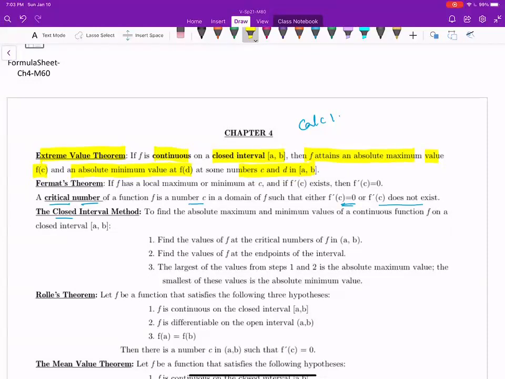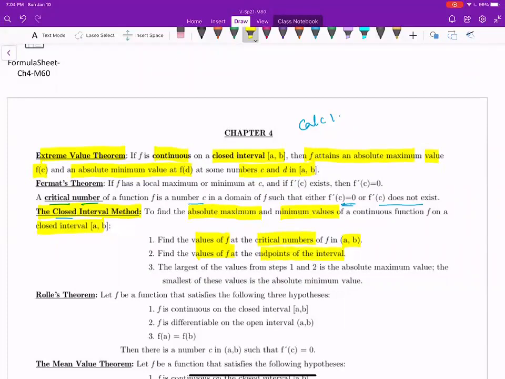Again, the idea that you just saw is exactly similar to the closed interval method to find the absolute maximum and minimum values of a continuous function f on a closed interval [a, b]. Find the values of f at the critical numbers of f, this is single variable, in the open interval (a, b). Find the values of f at the endpoints of the interval, which is a kind of boundary.